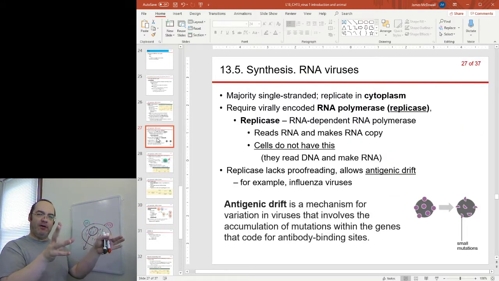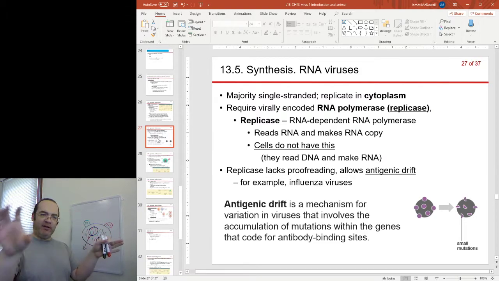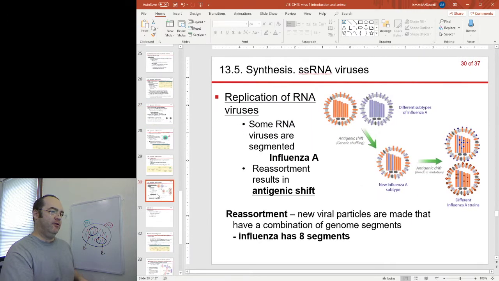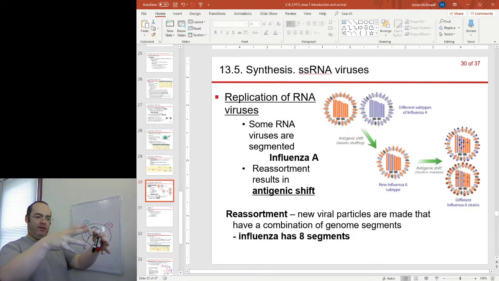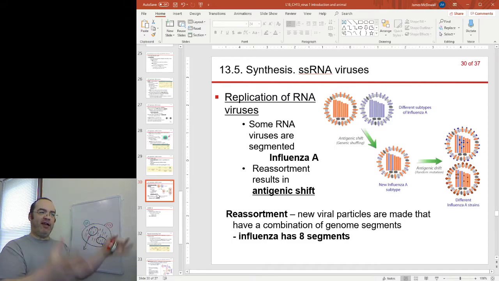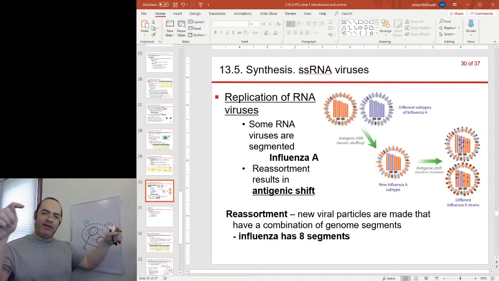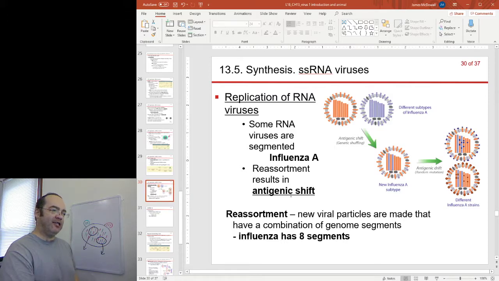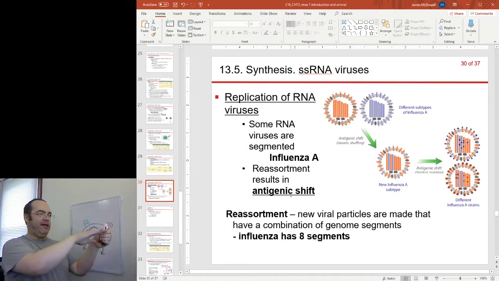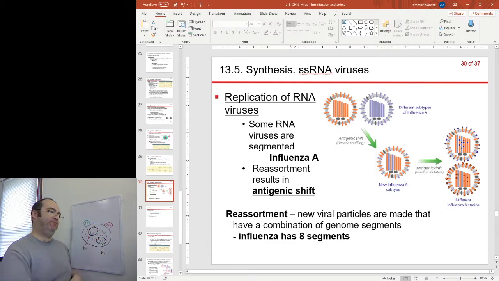Mutations building up in the genome, causing small changes to build up. A whole new version of a virus being generated all of a sudden as bits of 2 different viruses get mixed together. Antigenic shift, antigenic drift.